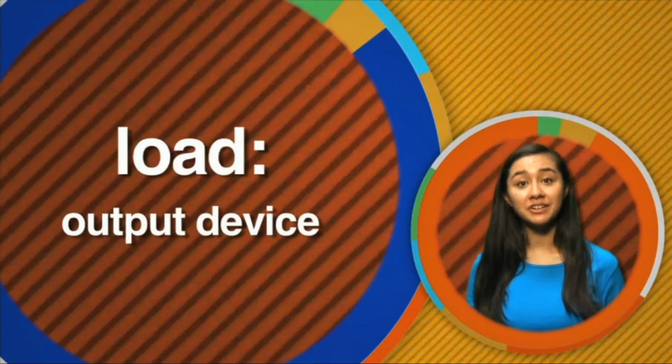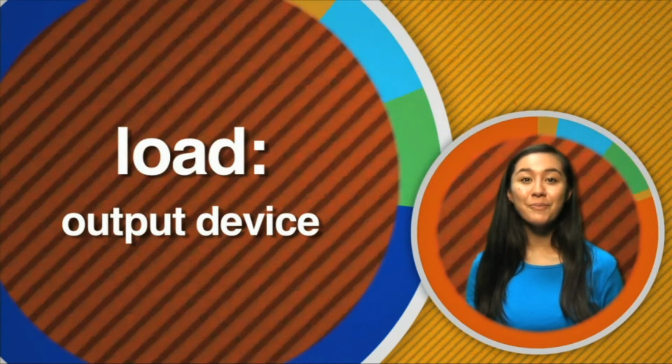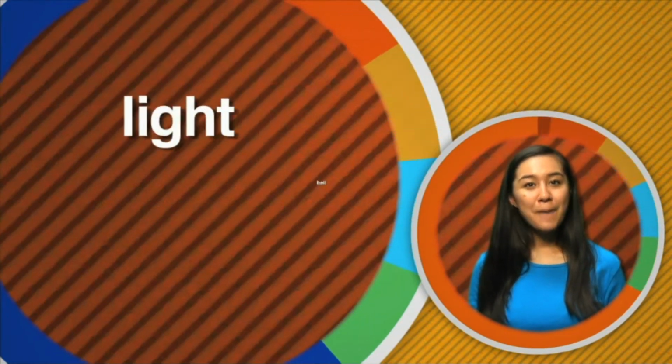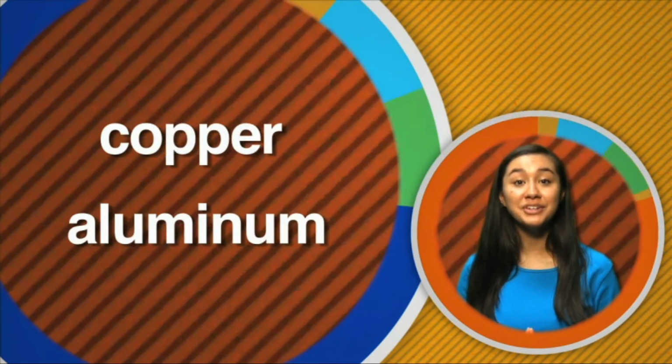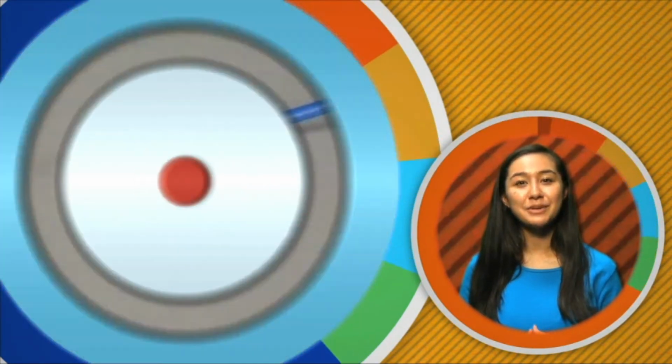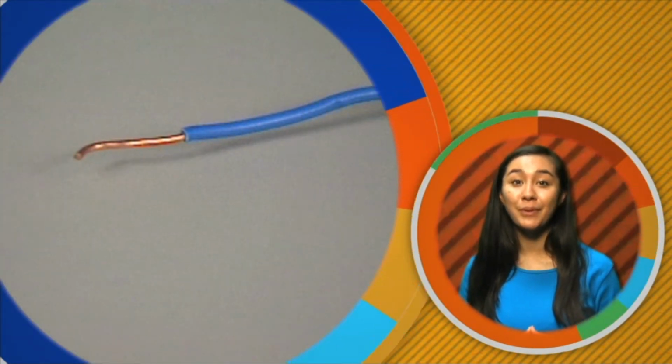Another part of a circuit is called a load, which is an output device, such as a light, bell, or motor. Every circuit also needs a conductor. Most metals, such as copper or aluminum, make good conductors.